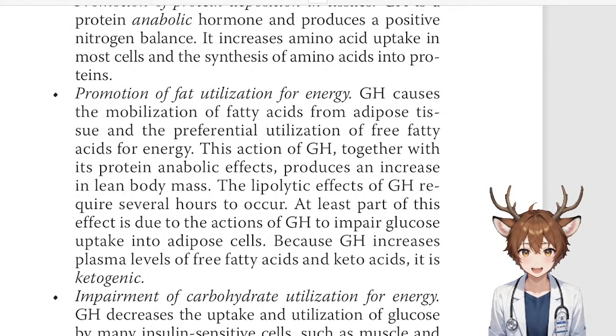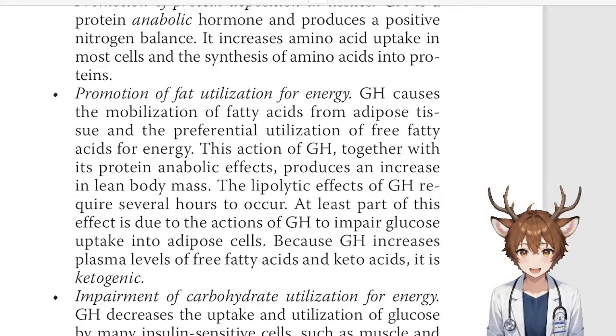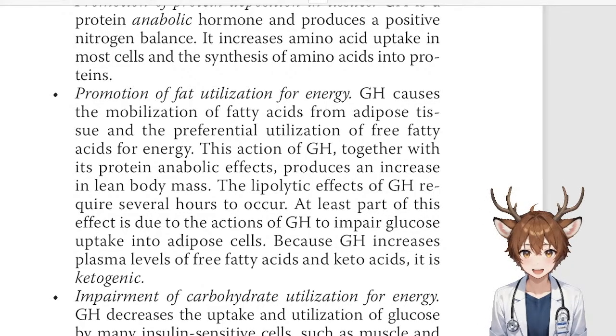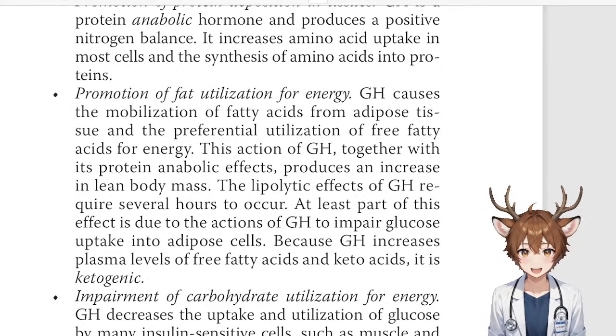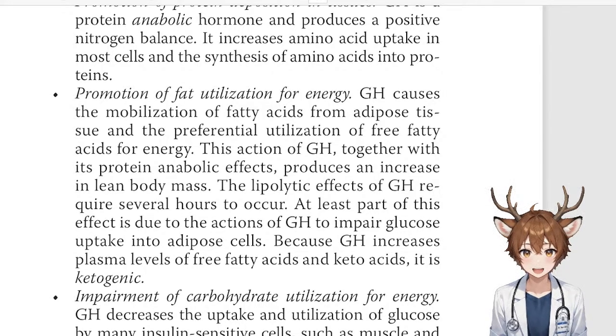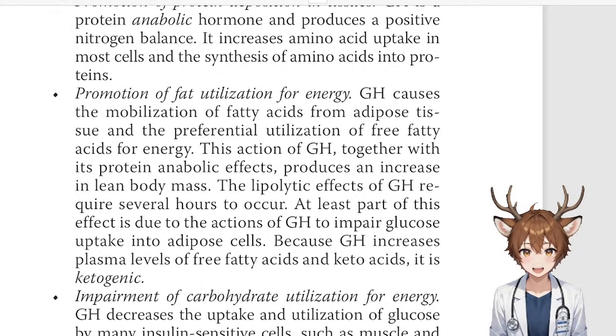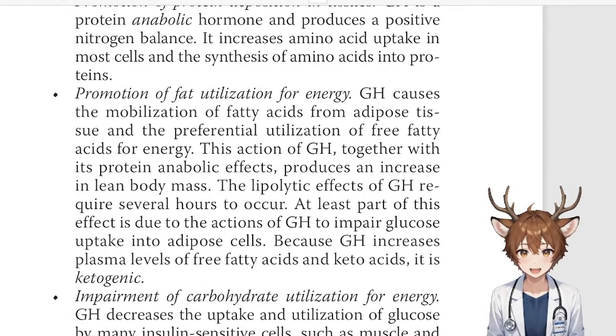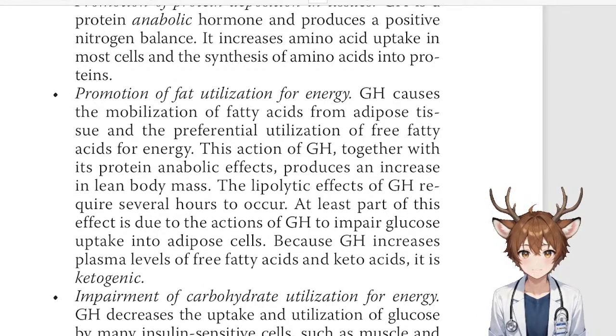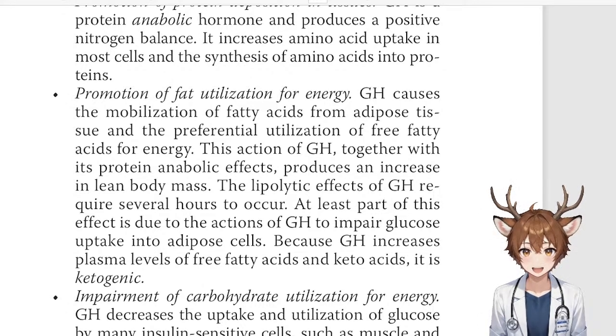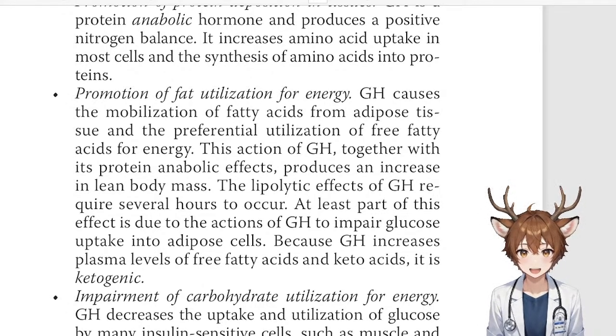Now, if he was instead a 10-year-old, or an 8-year-old, and the bones have not closed yet, he will not have acromegaly. He will have gigantism. His body will be elongating his bones in a way that's excessive and inappropriate. Because in this case, the bones have not closed yet, so that kind of growth can still happen.